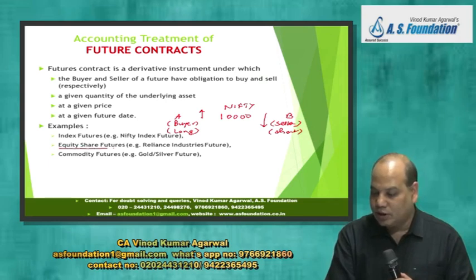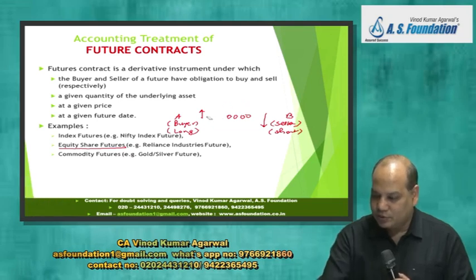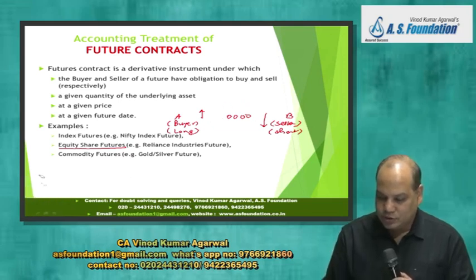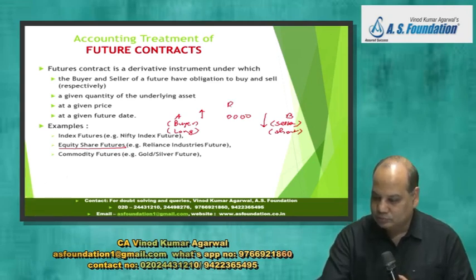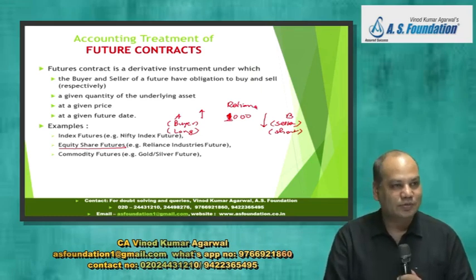Similarly, the underlying can be a share future. Like for example, instead of Nifty, it can be shares of a company which is traded on the exchange, like Reliance future. They enter into a contract that A will buy, B will sell 1 unit of Reliance at 1,000.